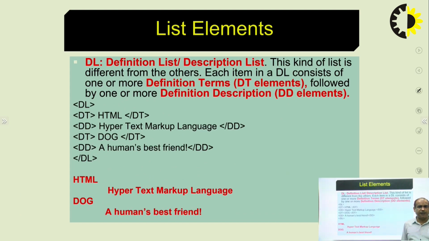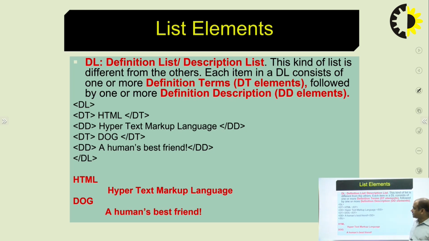The third type of list is the definition list, also called a description list. Some authors call it a description list and some call it a definition list. This kind of list is different from other lists. Each item in a definition list consists of one or more definition terms followed by one definition data.